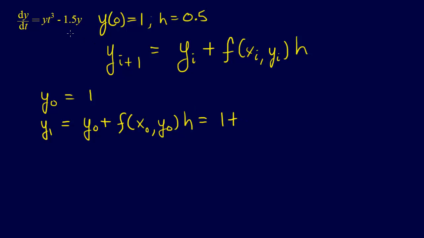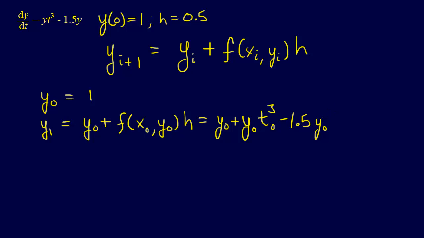Let's write this out a little bit more explicitly. So that's going to equal y0 plus f of y0, and we have x0, this is our t here, so that's t0 cubed minus 1.5 y0.